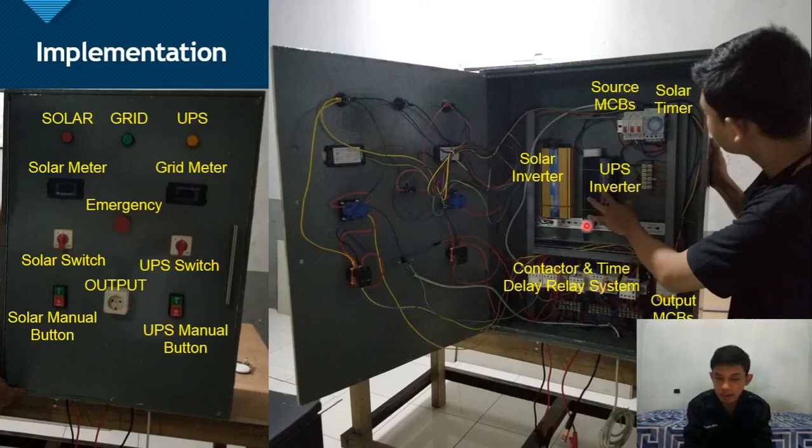And inside the panel box, we can see there are MCBs sourced from solar, grid, and UPS, and solar timer, then solar inverter, UPS inverter, contactor, and time delay relay system, and the last is all MCBs.